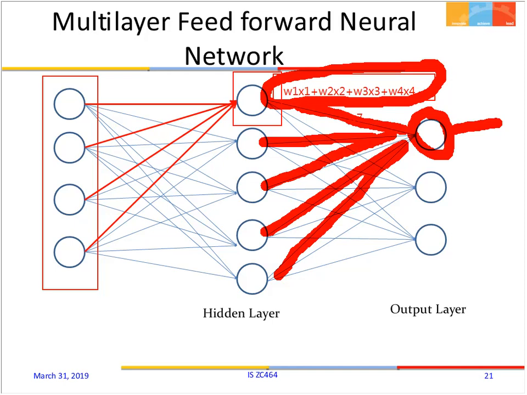expression will come up of the form W7, let us say I'm taking W7 as that link, getting multiplied by W1 X1 plus W2 X2 plus W3 X3 plus W4 X4.